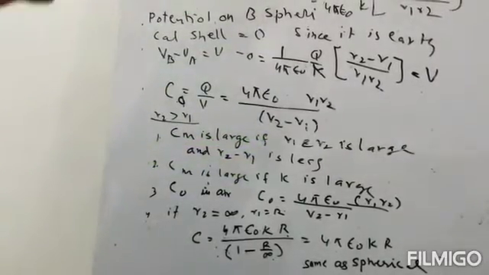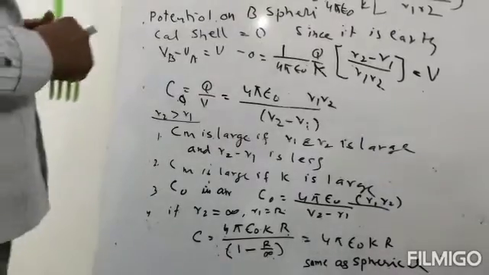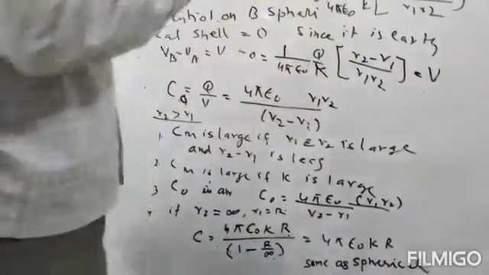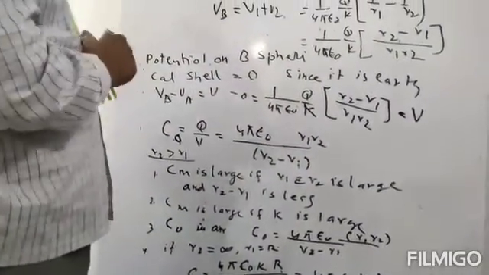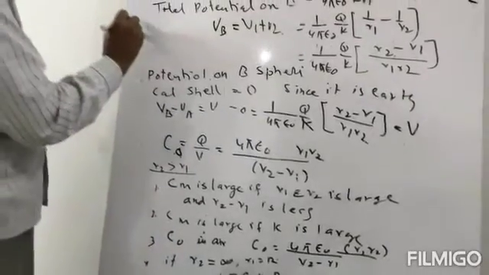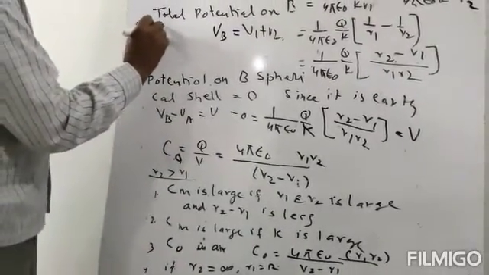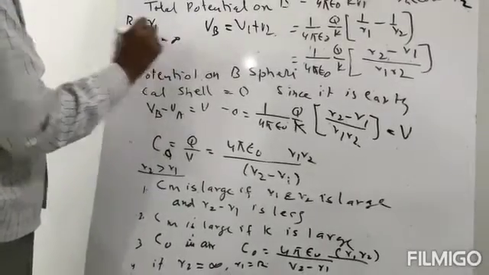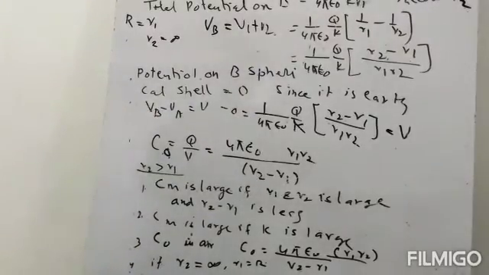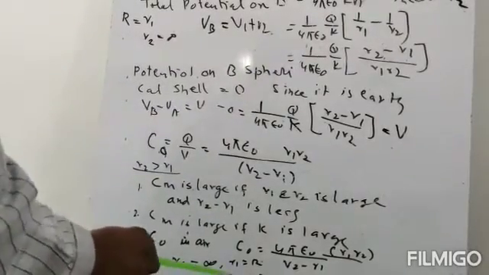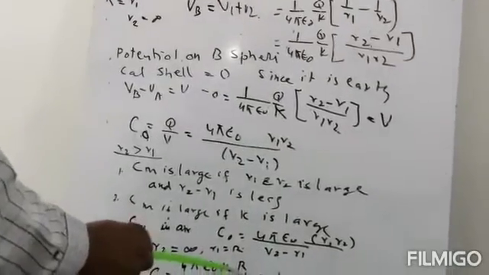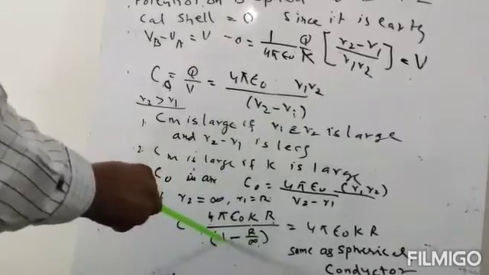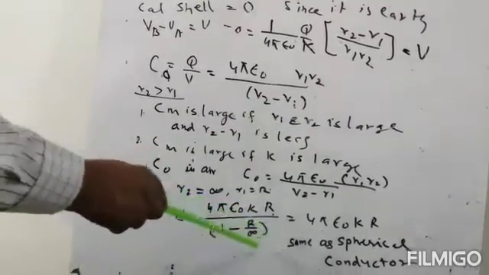Now if R2 is very large, or we can say R1 is equal to R and R2 is equal to infinity, then we can put it, the C will be equal to 4 pi epsilon 0 K into R, dividing by R2 minus R, so 1 minus R by R2.